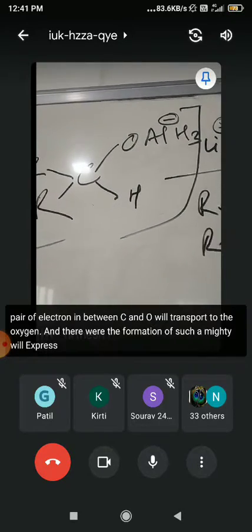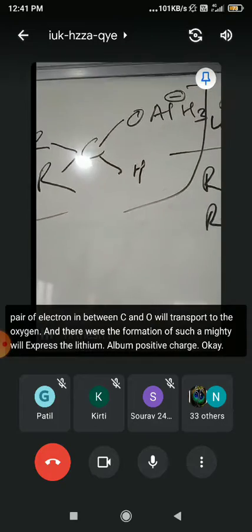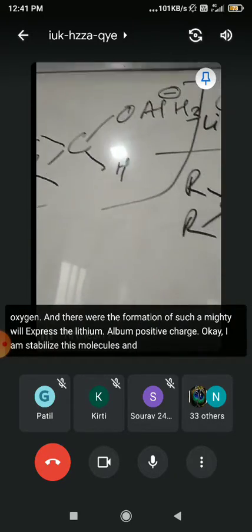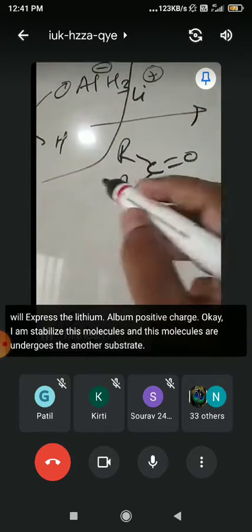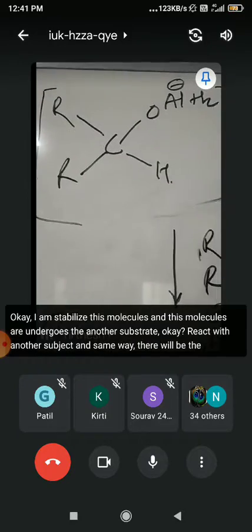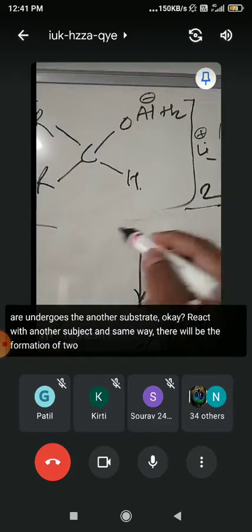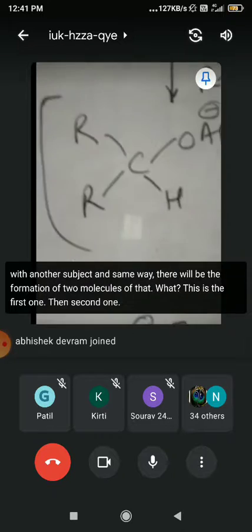The lithium has a positive charge and stabilizes these molecules. These molecules react with another substrate, and in the same way two molecules form. This is the first one, then the second one, then the third one.